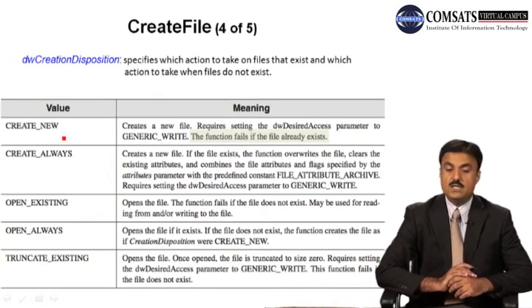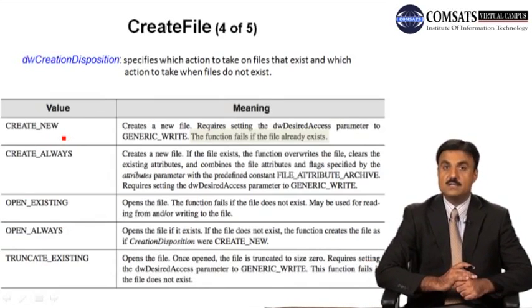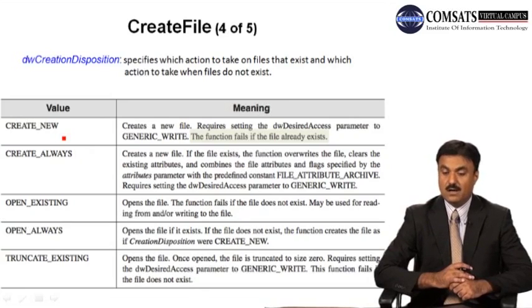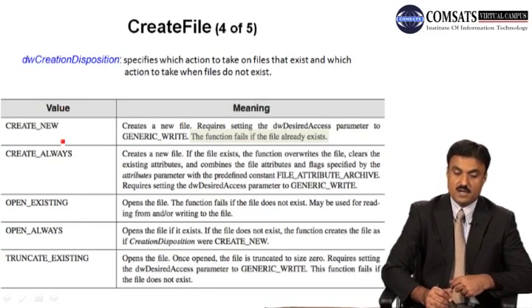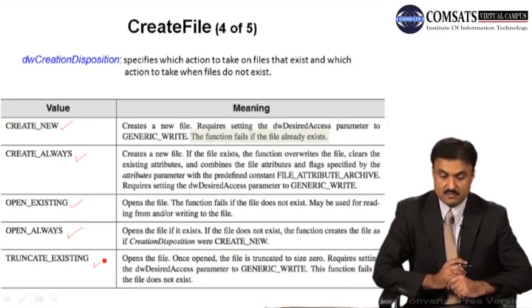Here the creation disposition will specify which action to take on a file that exists, and which action to take when the file does not exist. So here is either CREATE_NEW, CREATE_ALWAYS, OPEN_EXISTING, OPEN_ALWAYS, and TRUNCATE_EXISTING, and so on.